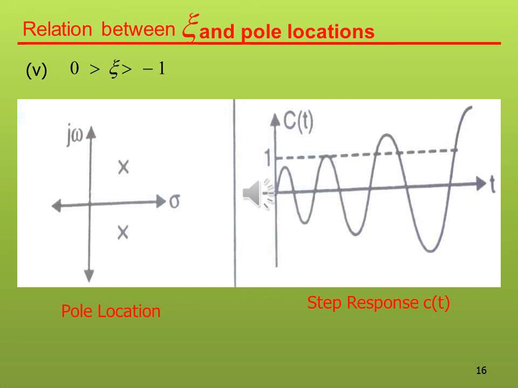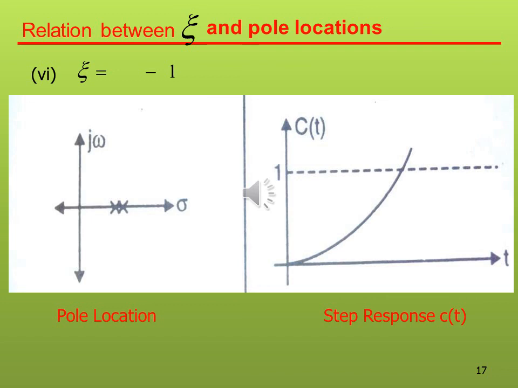See, the poles are having values such as plus 1 plus j and plus 1 minus j. So this is one example. So they will lie in the first and fourth quadrant of the s-plane.